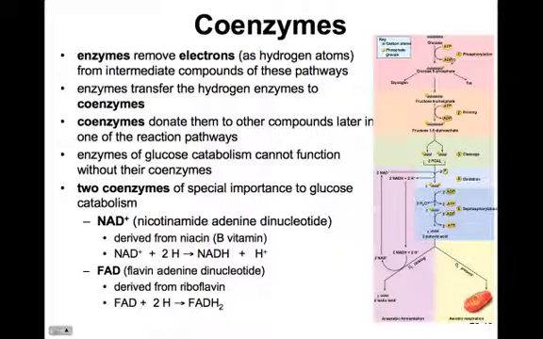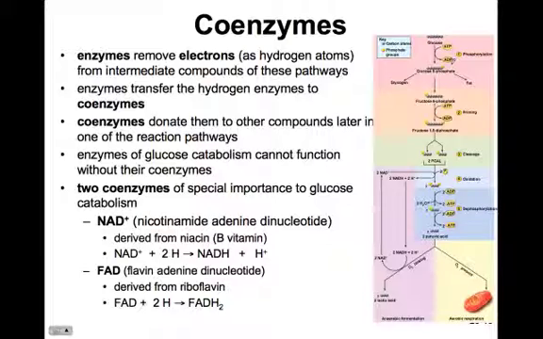We're basically taking the 6-carbon glucose and stripping off hydrogen atoms and cutting the bonds between the carbons to release this energy. So the enzymes remove the hydrogen atoms, and then they're going to transfer the hydrogen atoms to the coenzymes. And then the coenzymes will donate them to other compounds later on in the pathway.